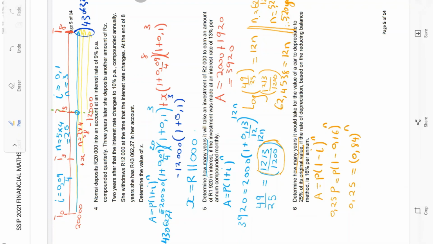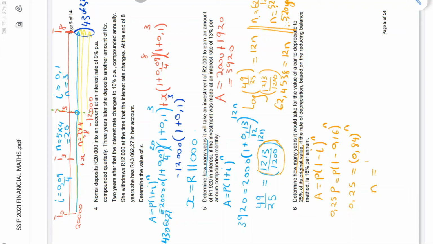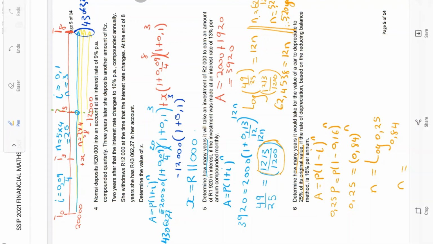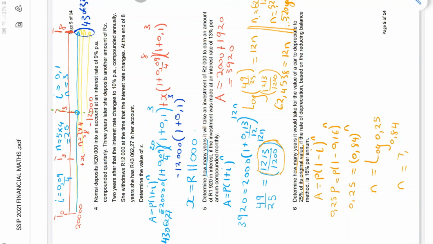So now we are looking for the exponent, which means we introduce our logarithms again. So n would equal log to the base of 0.84 of 0.25. Candidates, you punch that in your calculator and it will give you 7.955 years.